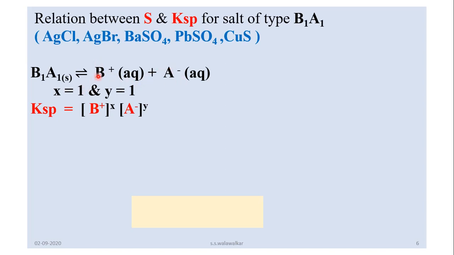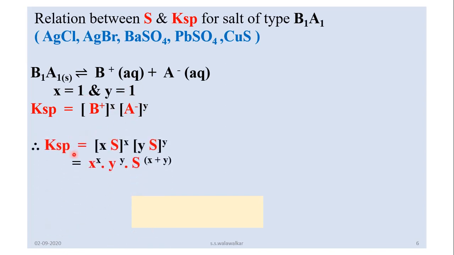Here the coefficient of B ion is 1. Therefore, X is equal to 1 and Y is also equal to 1, and therefore Ksp is equal to the concentration of B ion raised to X into the concentration of A ion raised to Y, where X is equal to 1, Y is equal to 1.